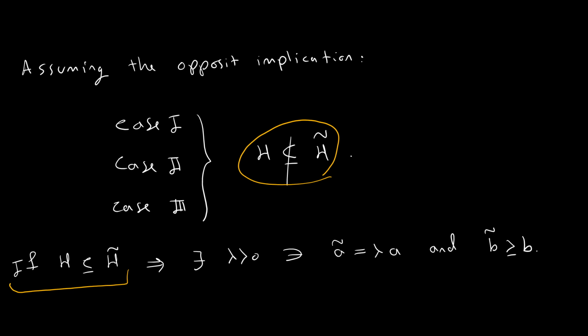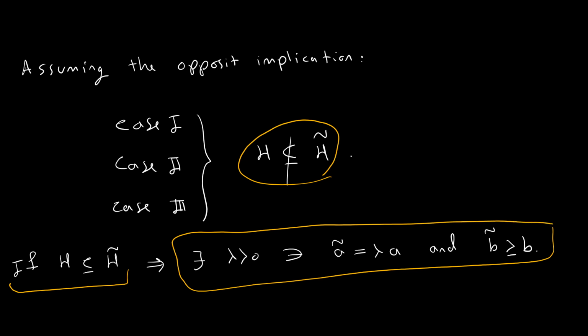Therefore this cannot be the case, and we just showed that once we have H contained in H tilde, there exists lambda greater than 0, such that A tilde equals lambda times A, and b tilde is greater than lambda b. So that concluded the first part of the problem. Now we are going to address the second part of the problem in the next slide.